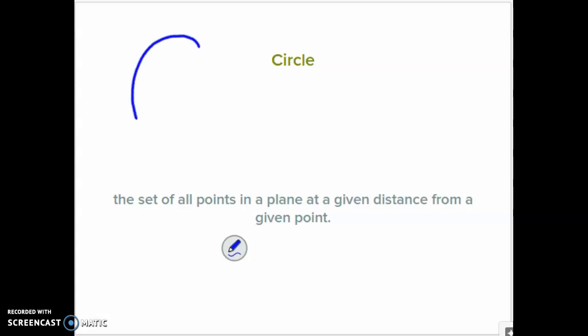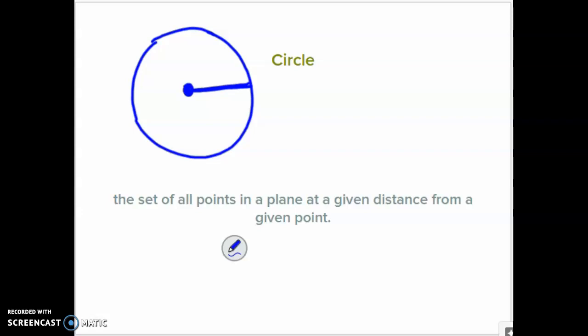It is the set of all points in a plane. So our circle here is a plane. And we have a given distance, which would mean our radius would be our given distance. So all these points, from a given point, which would be our center.